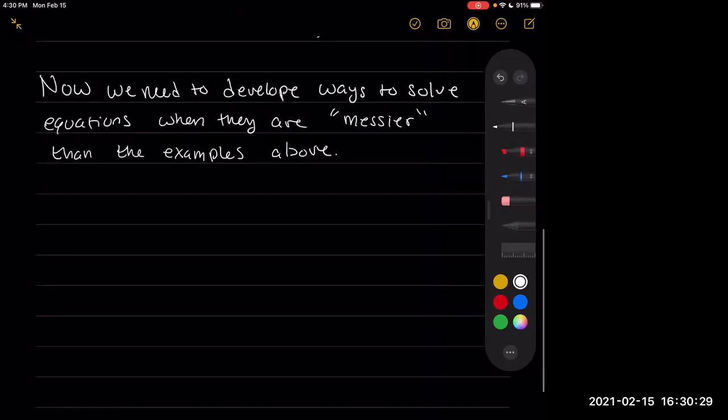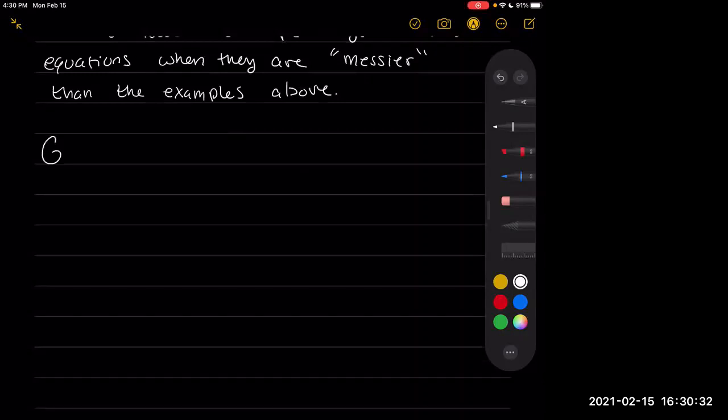So I'm going to give us some guidelines for solving exponential equations.